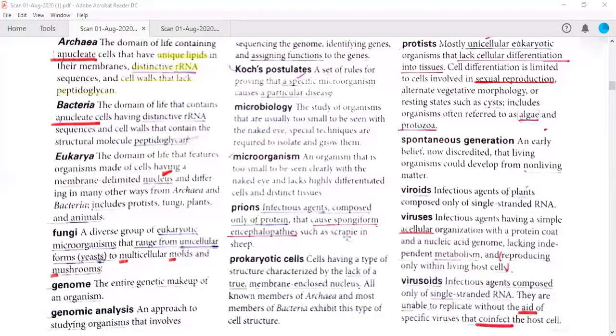For example, scrapie was first reported in sheep. The observation was that if a sheep has this disease, it will start rubbing its body against the wall or fence, which ultimately causes the loss of wool.